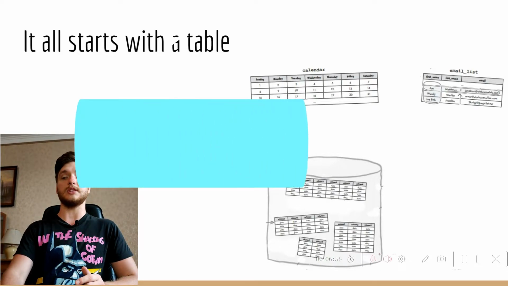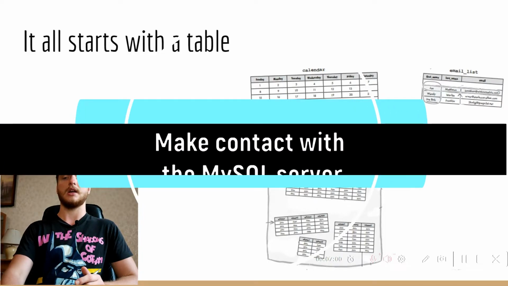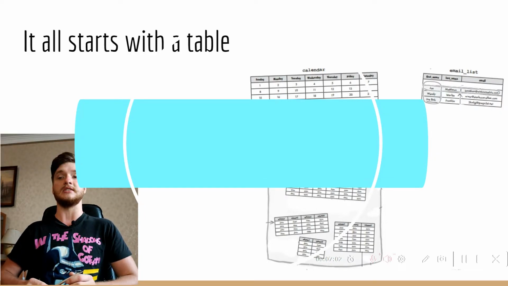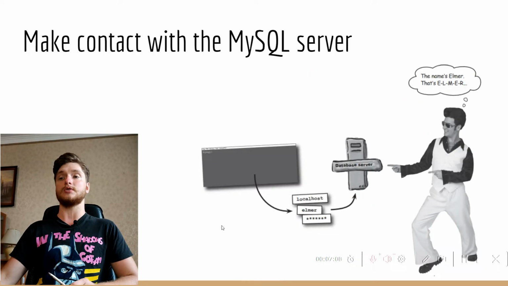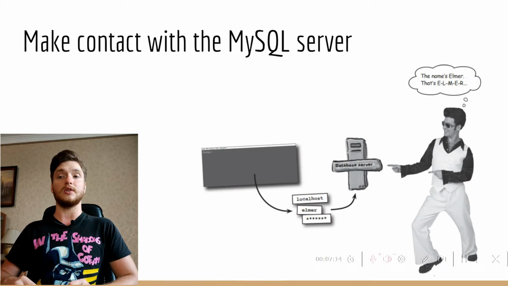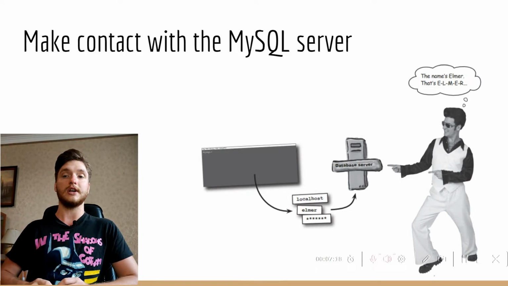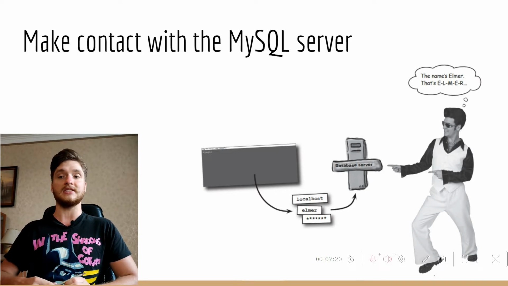Make contact with the MySQL server. Elmer's application needs a database and a table. Most of the day-to-day work of dealing with a database involves interacting with tables, but you can't just jump in and start creating tables without creating a database to hold them first. Create database is the SQL command used to create a database.